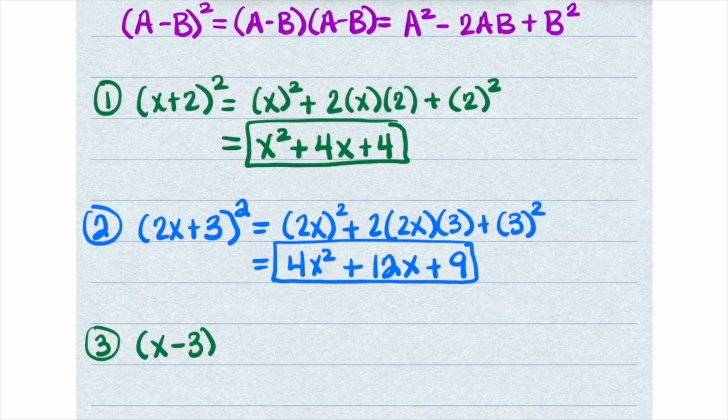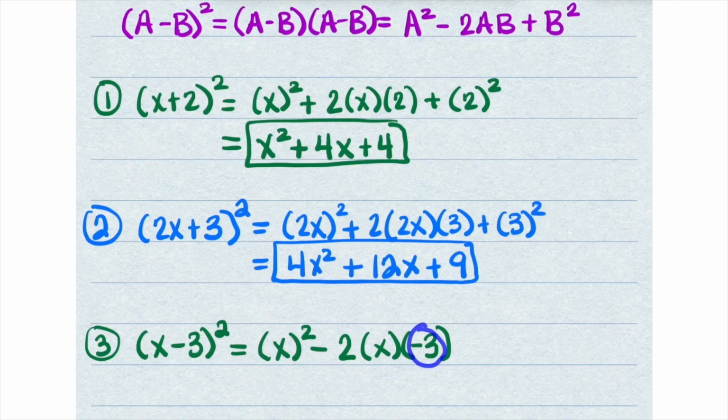X minus 3 squared. The minus gives you a squared minus 2ab plus b squared. So if we just follow the property, it's going to be the first term squared minus 2 times the first term times the second term. See how I kept the minus with it? Keep the minus with that 3, okay?